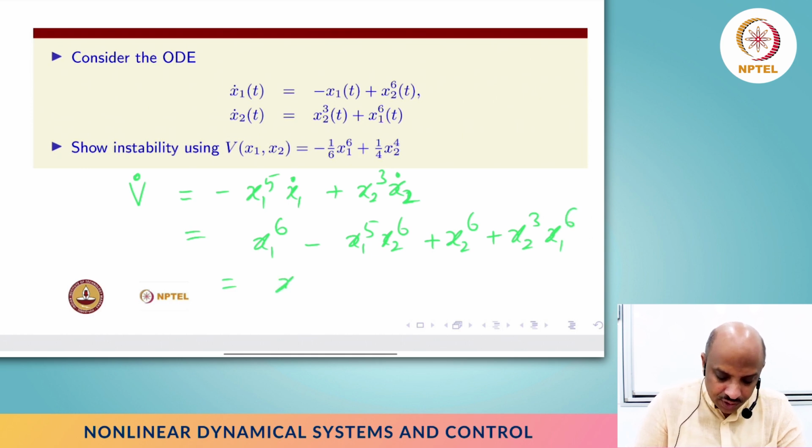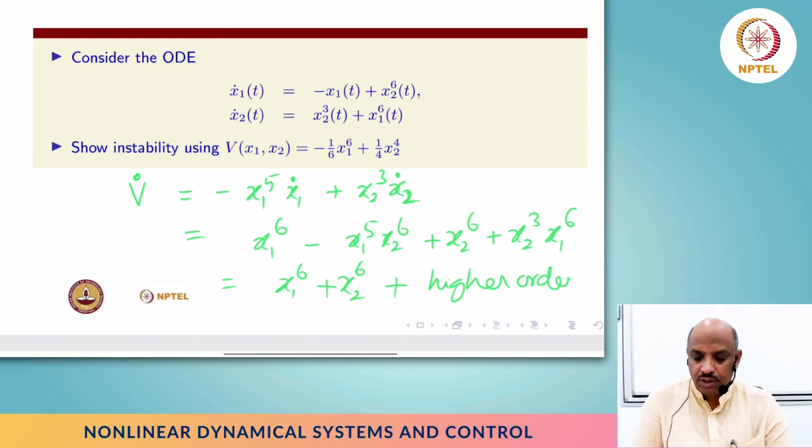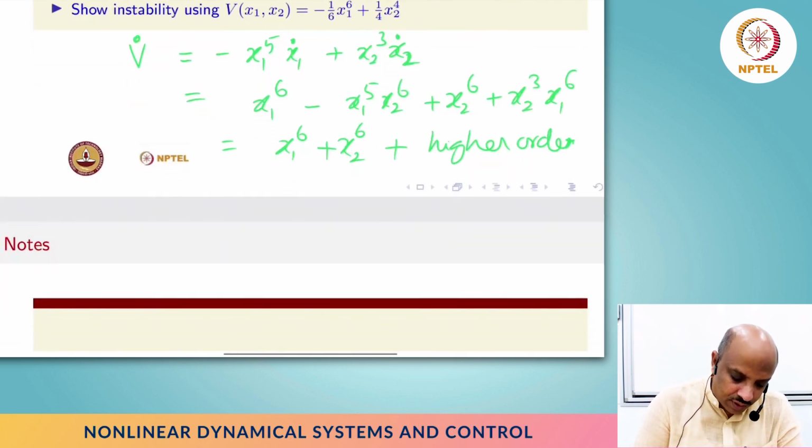And this is going to be x1 power 6 plus x2 power 6 plus higher order terms. Okay. Now, the nice thing about these higher order terms, let me do this a little bit rigorously.